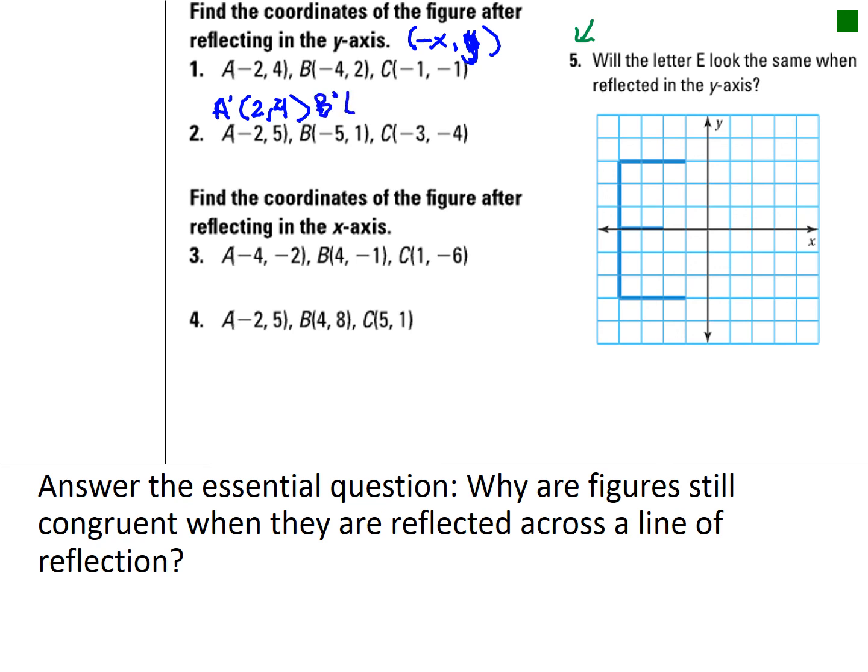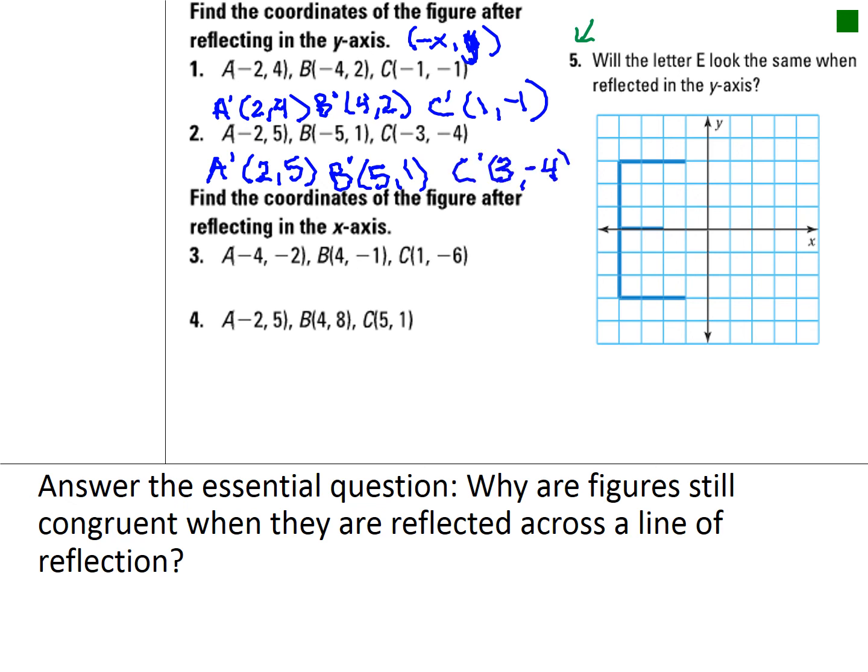B's image, opposite of negative 4 is positive 4, and y stays the same. C's image, opposite of negative 1 is positive 1, and negative 1 stays the same. Okay, A's image is going to be 2, 5. B's image, 5, 1. C's image, 3, negative 4.